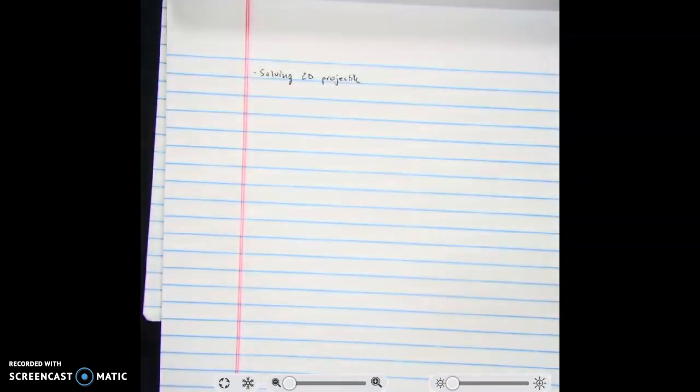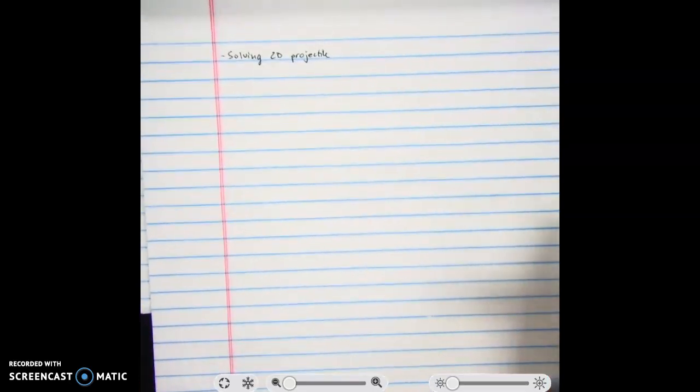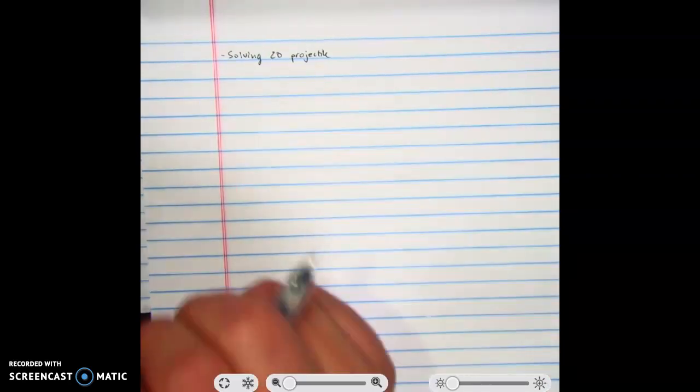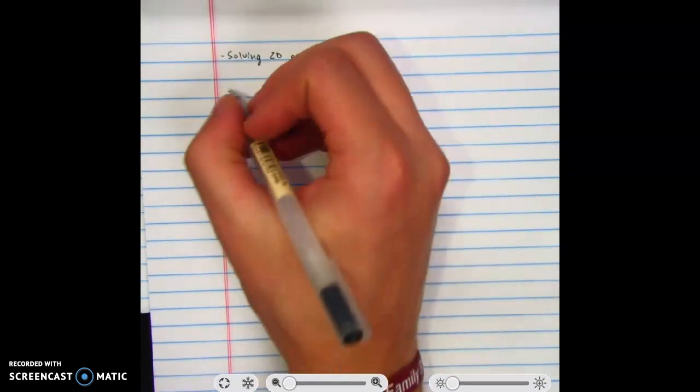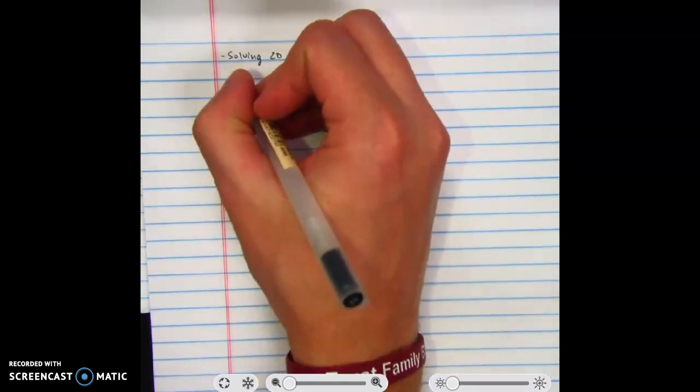Now, solving 2D projectiles really isn't much different. It's now just, like I said, bringing everything together. And here, I'll give us hopefully some nice steps to always follow that help us figure this out. So, right away, step 1.